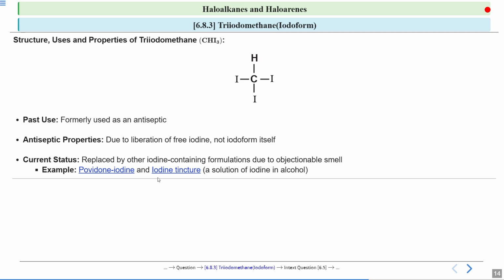So these are the examples of the replacement of triiodomethane as an antiseptic that we use in current time: povidone iodine and iodine tincture. You have probably heard about this iodine tincture, right?